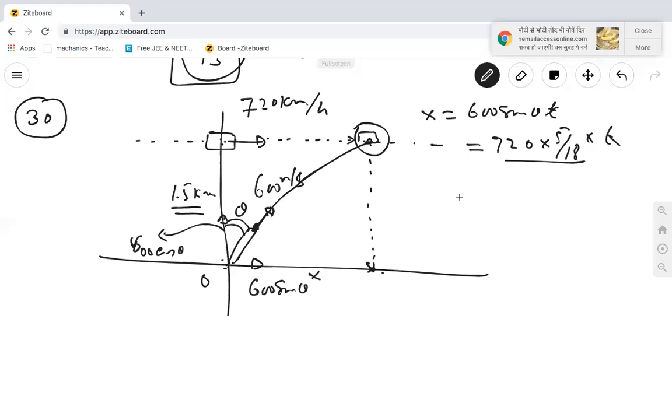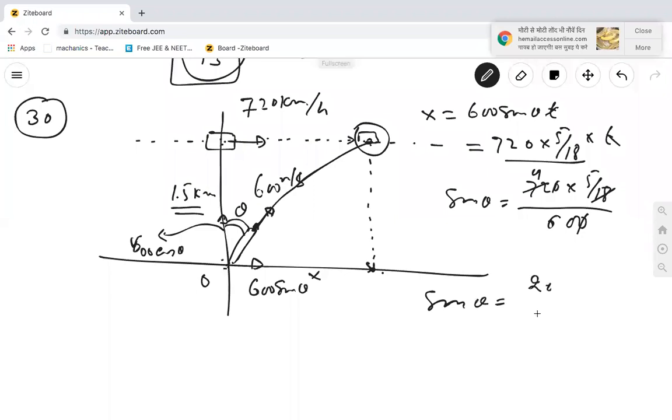And what about sine theta? That is 720 into 5 by 18 divided by 600. This goes 4. It is sine theta is equal to 20 by 60. This goes is 1 by 3.